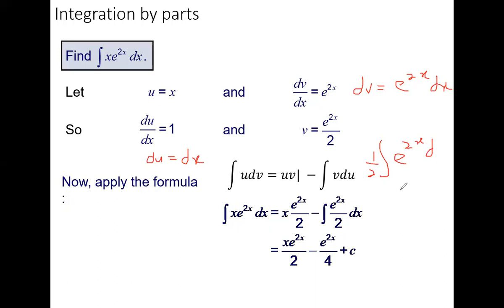When I integrate e raised to the power 2x, you still get e raised to the power 2x over 2, and already there is a half outside the integration. So that will be half times e raised to the power 2x over 2. That is why we are getting e raised to the power 2x over 4 for the integral of this. Then of course you bring your constant of integration in the very final step.